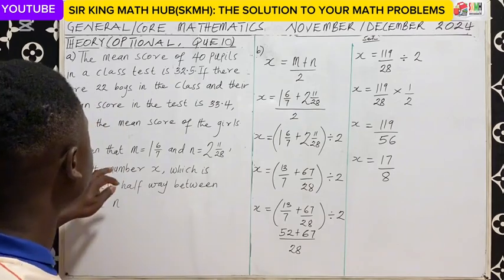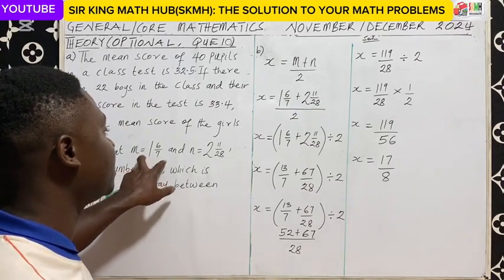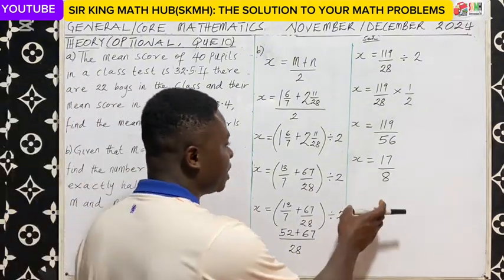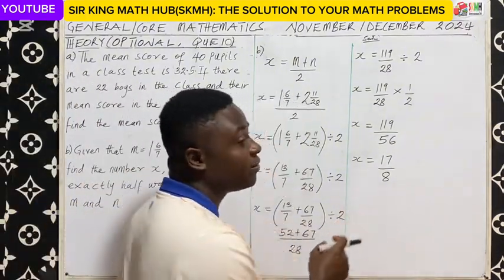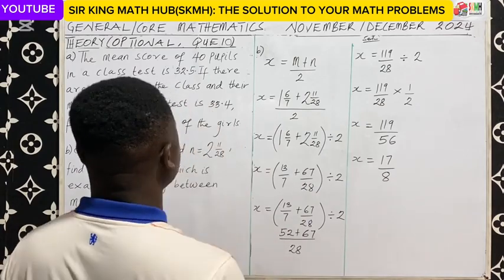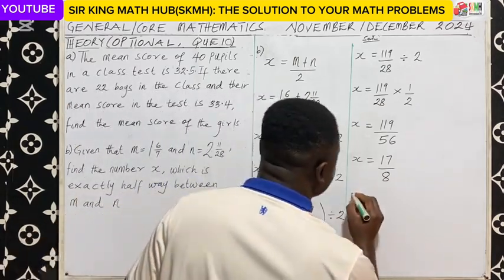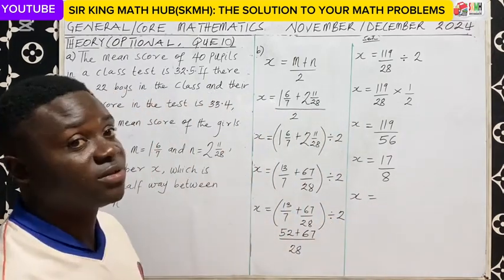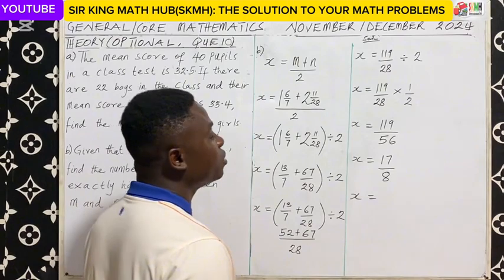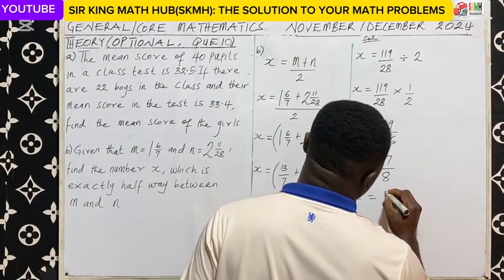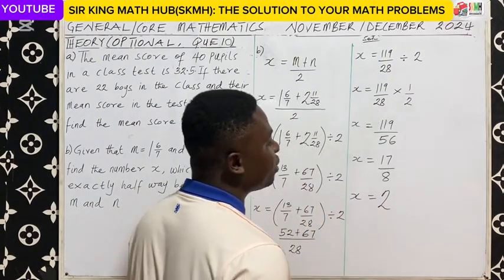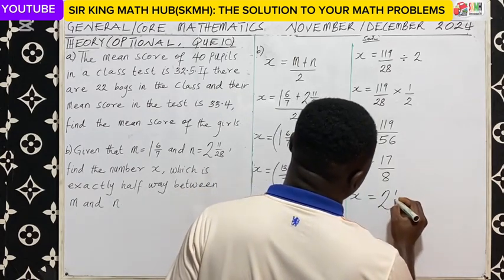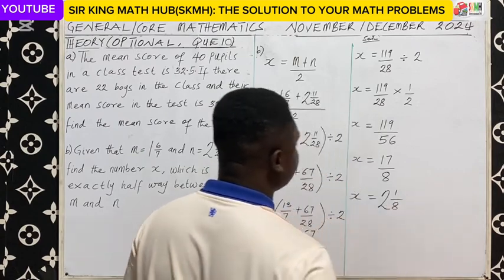Now, you could see that the numbers were represented in the form of mixed fraction. So we also need to leave our answer in the form which was given in the question. So 17 out of 8 into mixed fraction. So 8 goes into 17 2 times, 8 twos are 16, leaving a remainder of 1 out of 8.